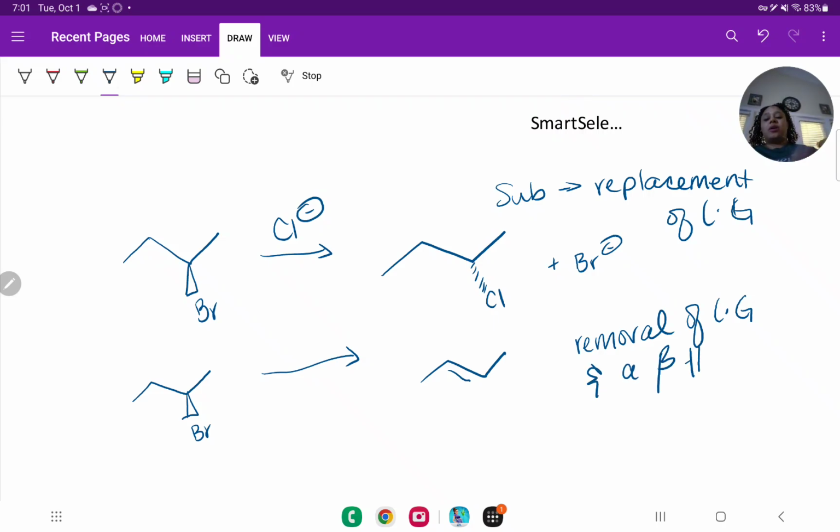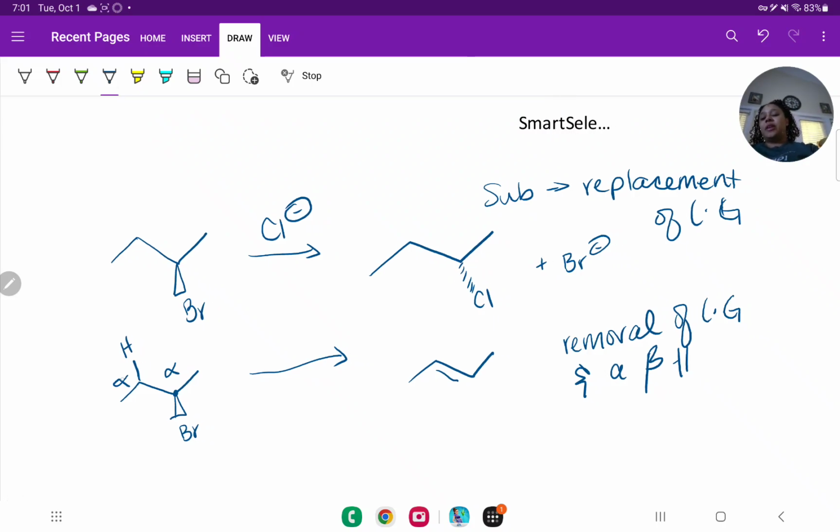So just to recall, where the leaving group is called the alpha position, and so we're going to remove any hydrogen that's next door. So in the next classwork, you'll talk about a couple of beta positions.